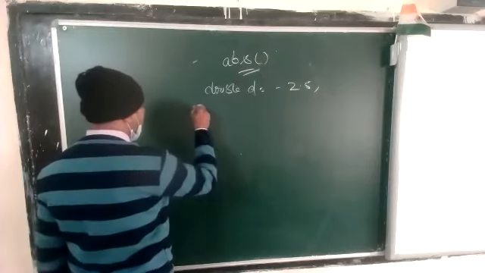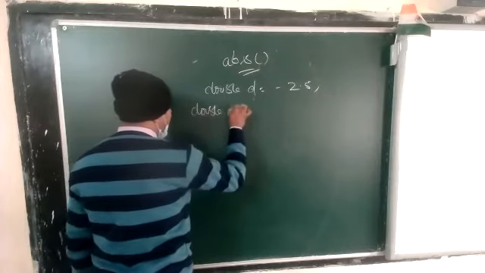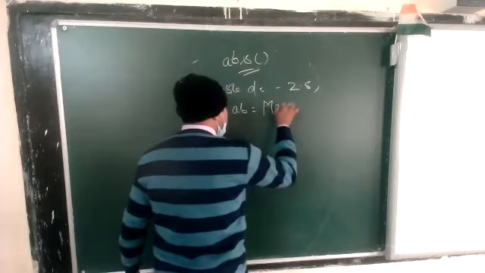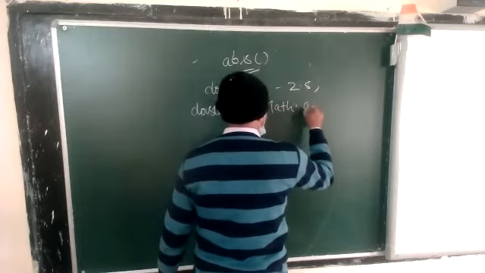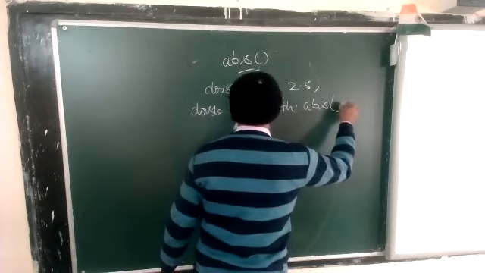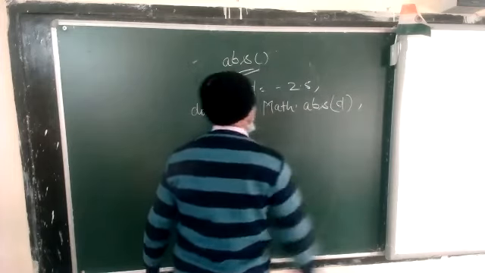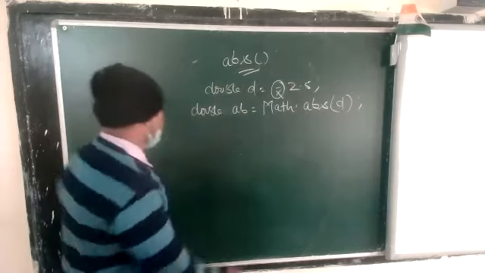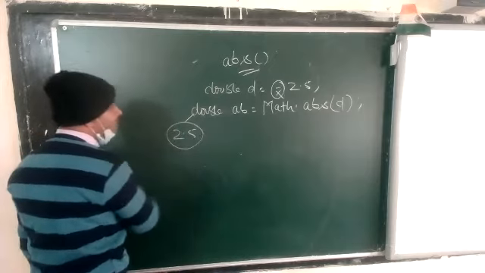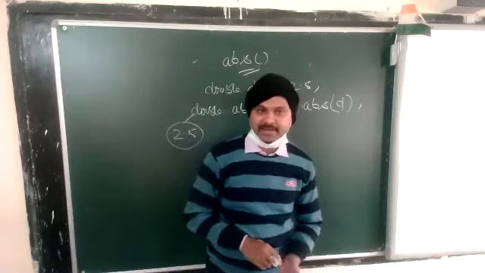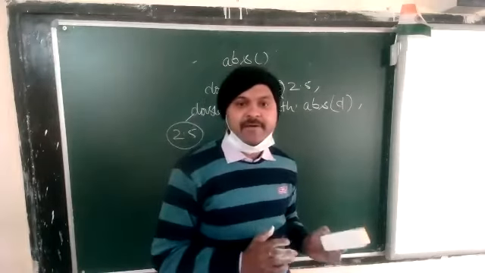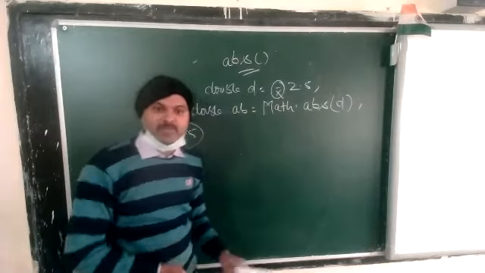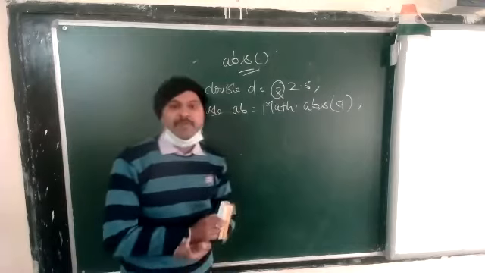Since it's double type, you write double ab equals Math.abs(b). It will remove the sign, plus or minus both, so the answer will be only 2.5. Even if it is given plus, that plus also will be removed. The exact value will be returned by the abs function.